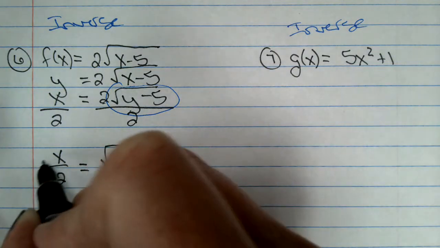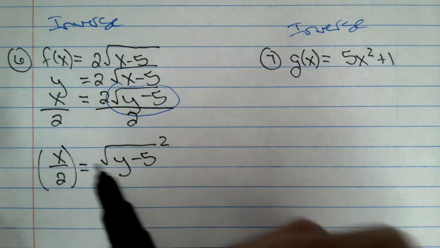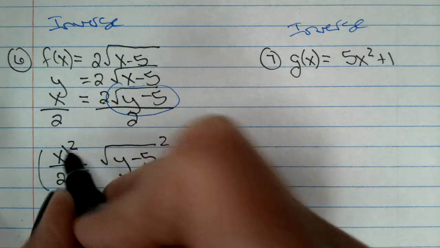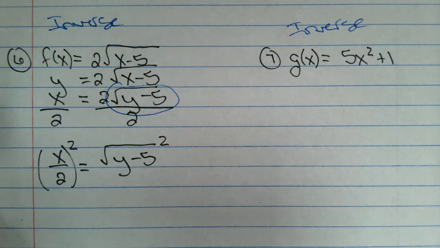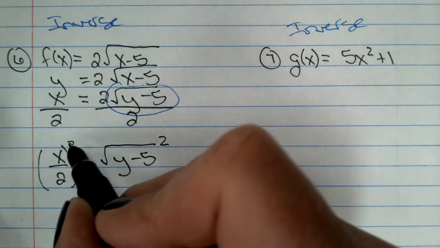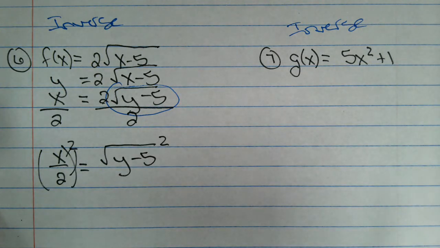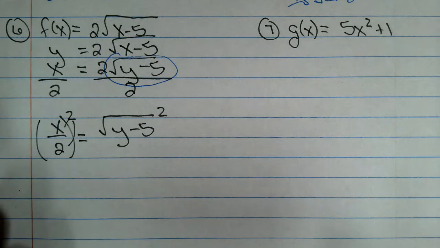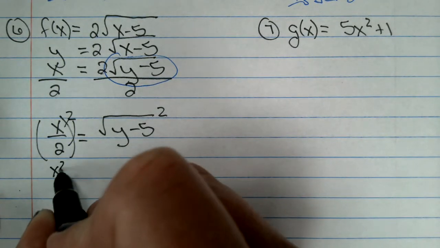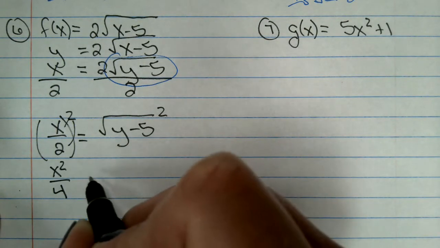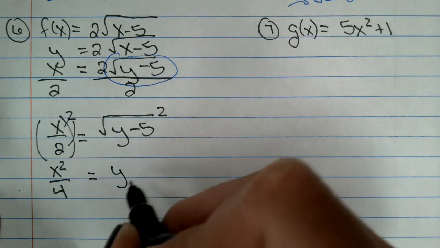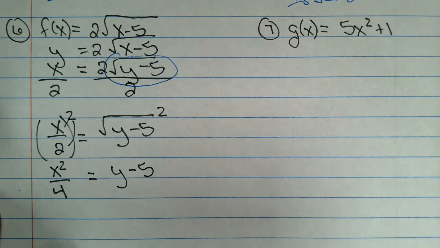Exponents undo radicals. So since I have two terms on the left, when I square the left side, I need to put parentheses around it because this exponent is going to need to be applied to both the numerator and the denominator. So that gives me x squared divided by 4 equals y minus 5.